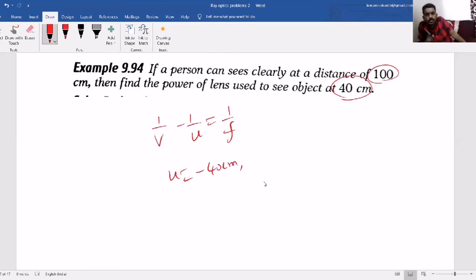And I also told you, if they don't mention the object distance, you have to take the default value capital D, the least distance of distinct vision, that is 25 centimeter. Now the image should be shifted to 100 centimeter. They are asking for the focal length or power directly. Once you find the focal length, you will get the power.